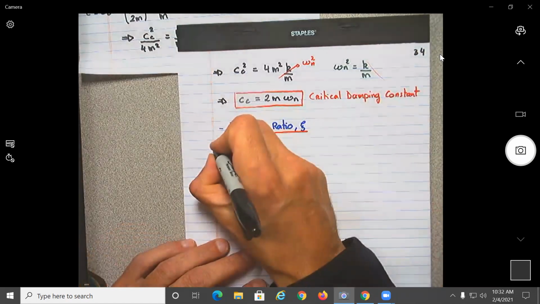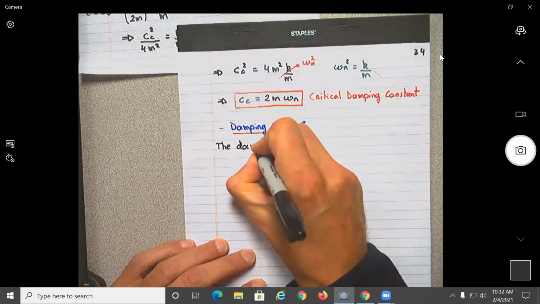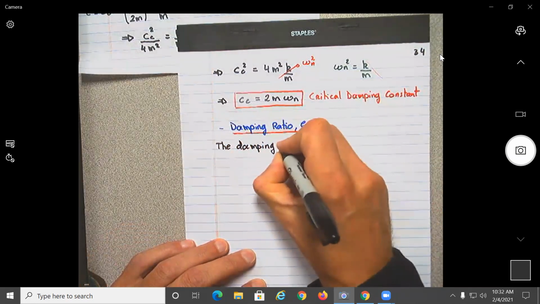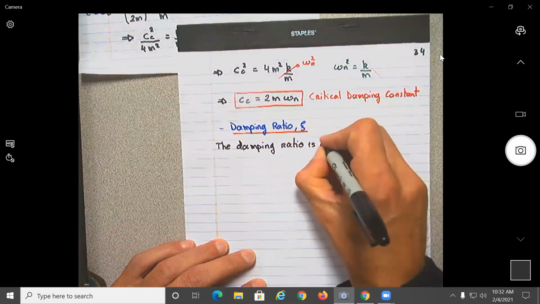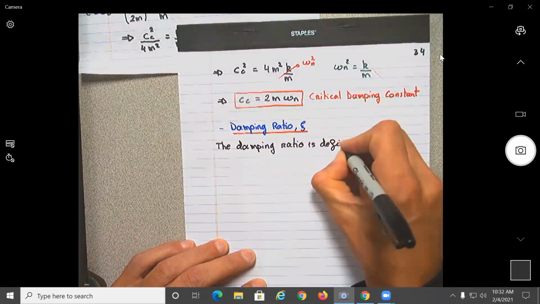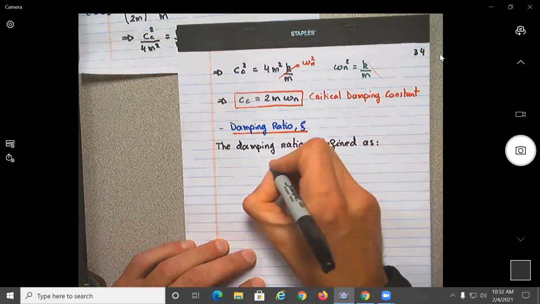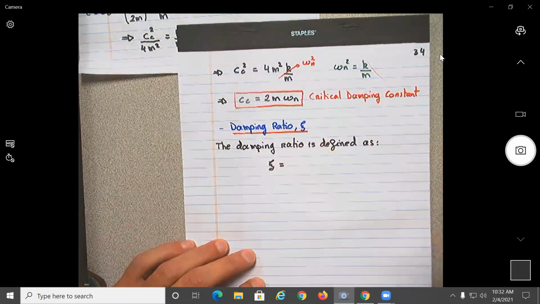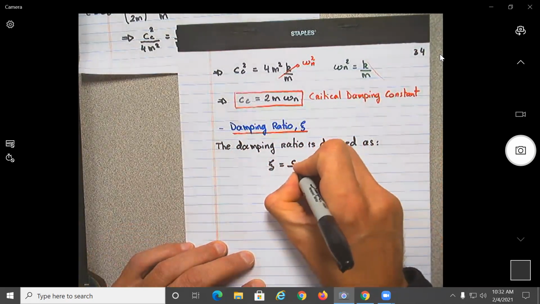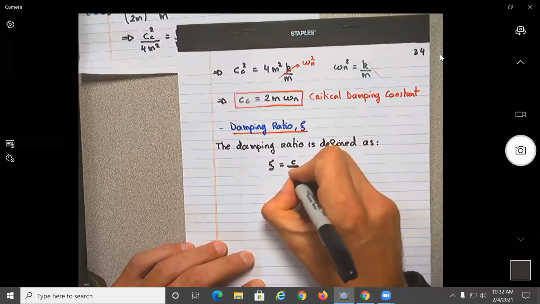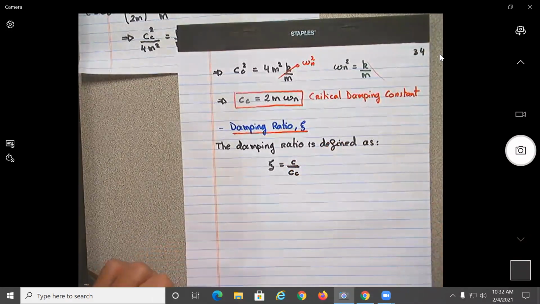Okay, so the damping ratio is defined as, and this is just a definition, zeta will be equal to the damping constant divided by the critical damping constant.